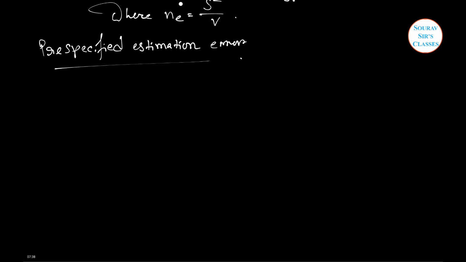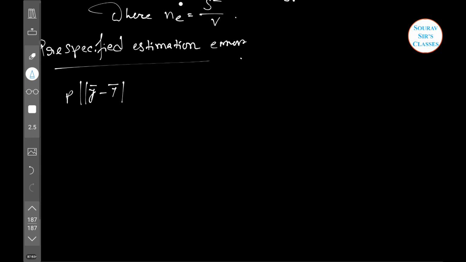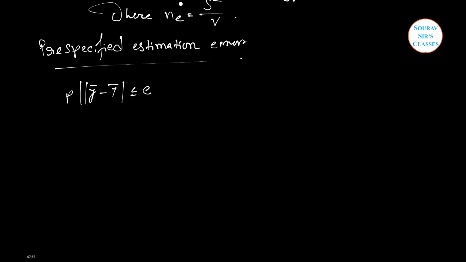Such a requirement can be specified by associating a probability 1 minus alpha with it, and can be expressed as P(|small y bar minus capital Y bar| less than E) equals 1 minus alpha.